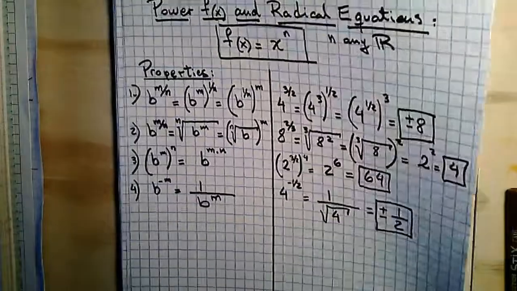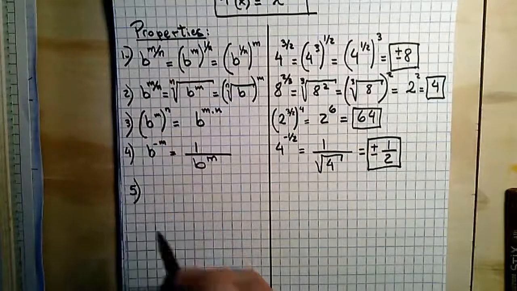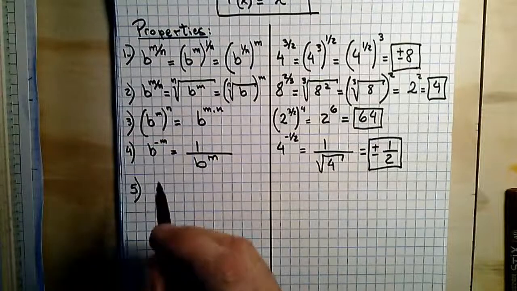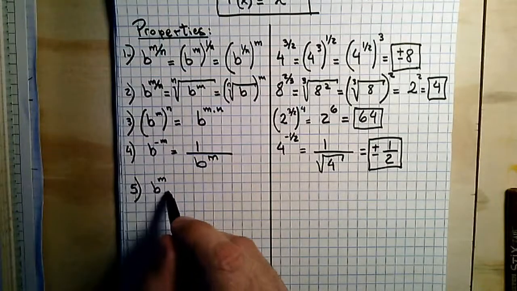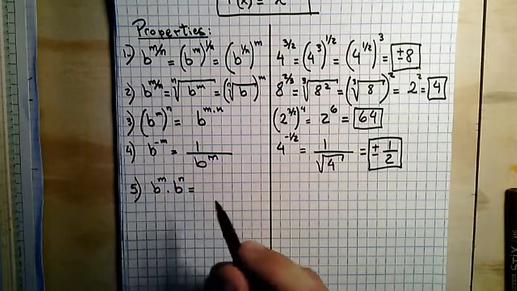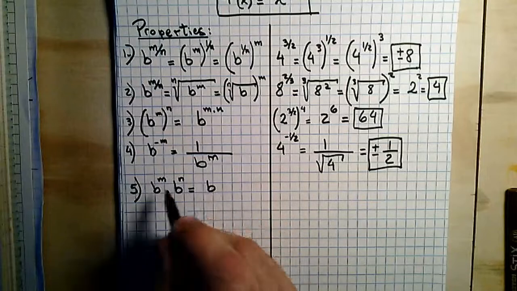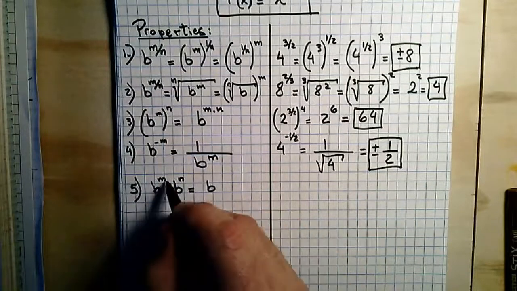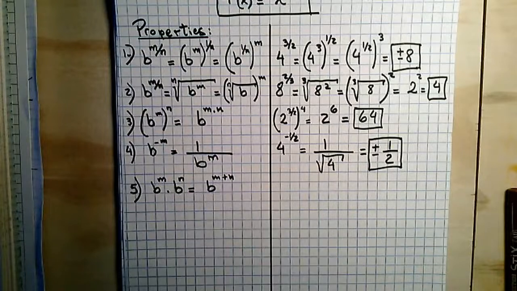So property number 5 here. In property number 5 we have b to the power of m times b to the power of n. So the base is b. So what I need to do is add together m plus n.